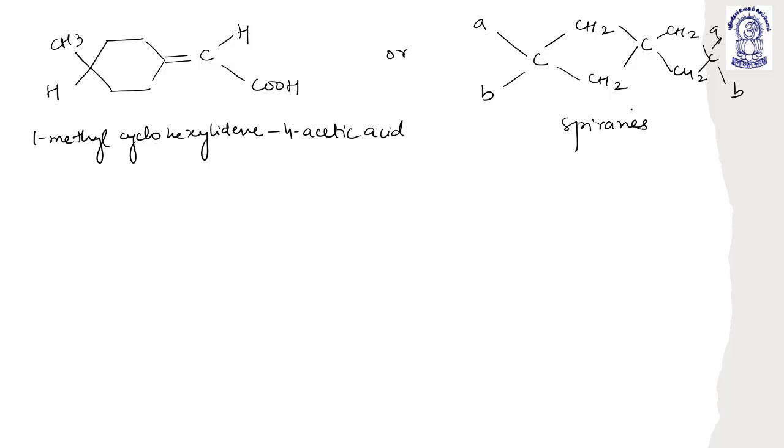So when one or both of the double bonds are replaced by one or two rings, the resulting systems are respectively known as alkylidene cycloalkanes. This is spirene and this is alkylidene cycloalkane. They also show optical isomerism.